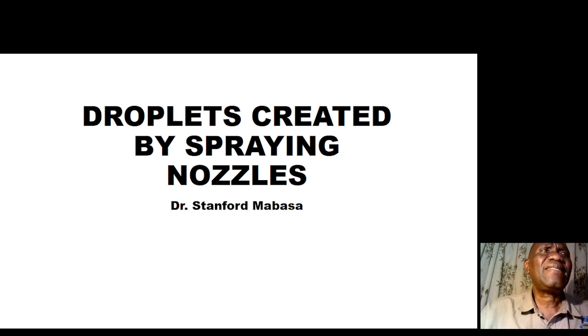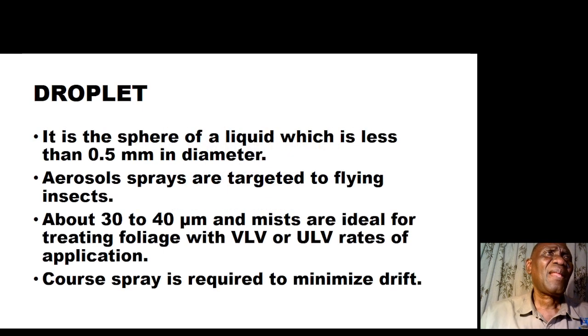So there's need to look further around the issue of droplets. Now, a droplet is the sphere of a liquid which is actually round, which is less than 0.5 millimeters in diameter.